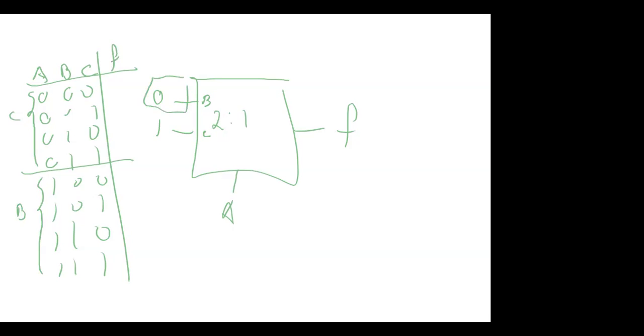So F is going to be 0 in through here. And it looks like the C input is going to be all 1s. So F is going to be all 1 in through here.